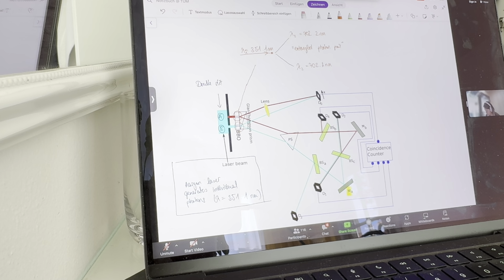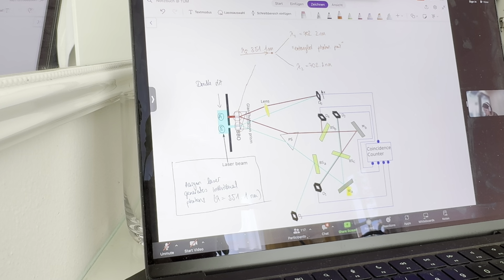So you can also see it here in the sketch. After this prism, there are two beams basically, or paths sketched in.